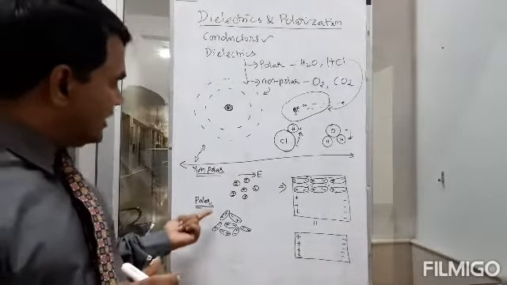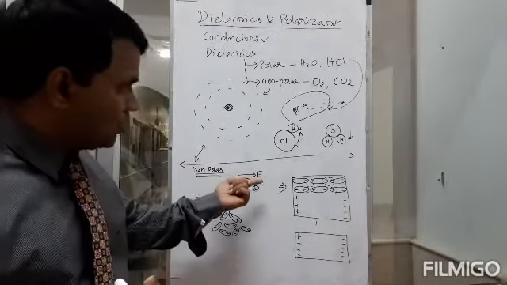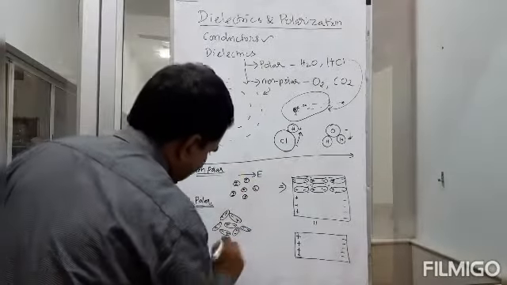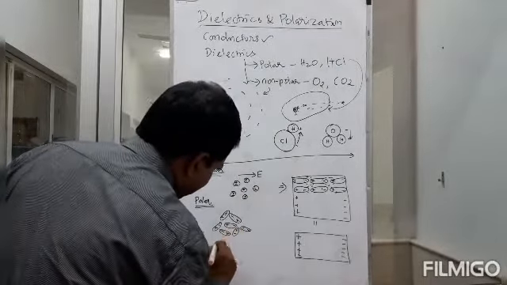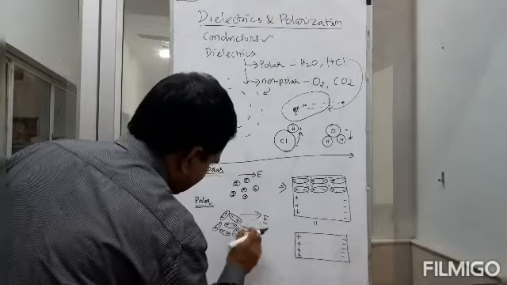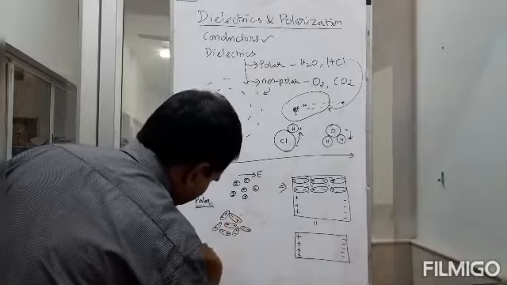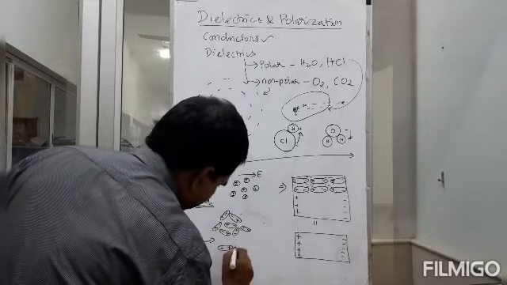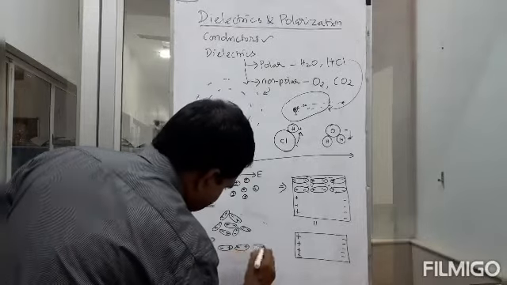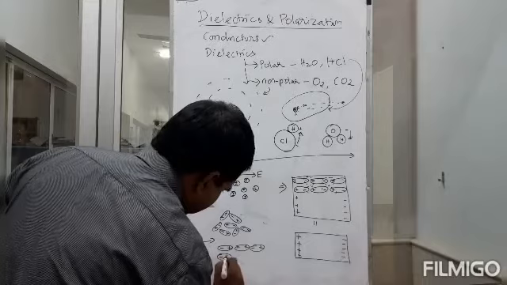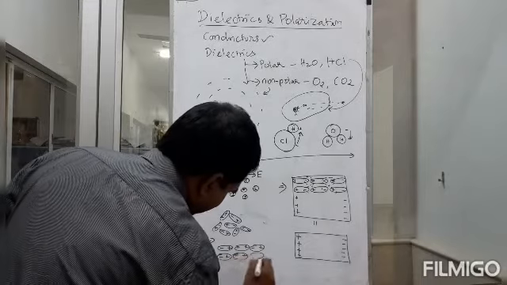But if I subject this polar material to an external electric field, then the same thing will happen. If this is subject to an E field, then notice that you will have minus plus, then minus plus, then minus plus, minus plus, minus plus.